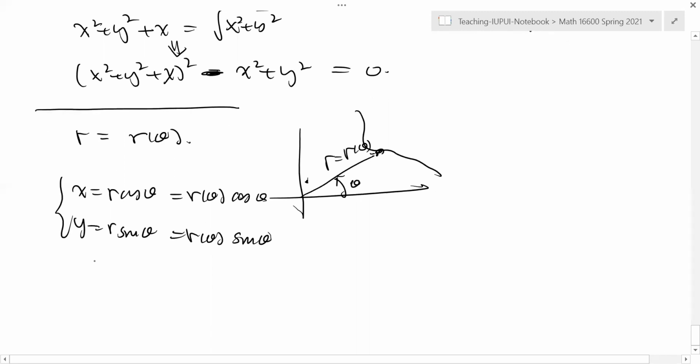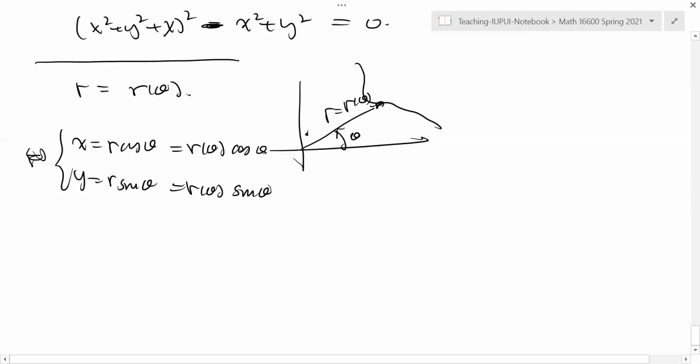Those are the parametric equations in the xy coordinate system for the same curve, so those two are equivalent. And you can use this to get the tangent line slope, right? How do you get the slope?